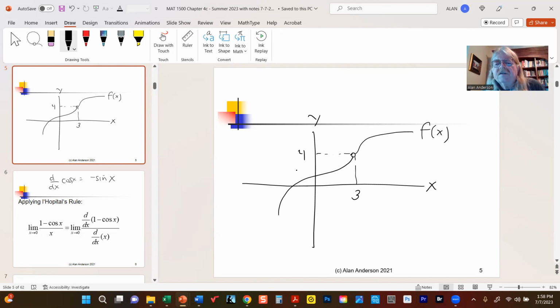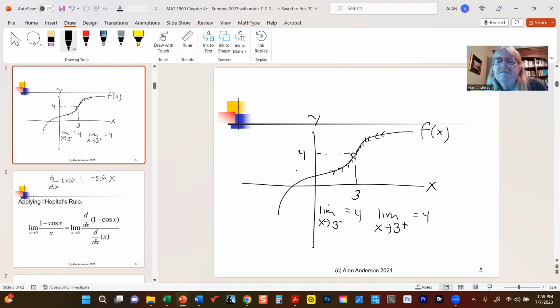So the limit of this function, though, as x approaches from the left, is actually equal to 4 because we never quite reach the 3 where the discontinuity exists. So it's coming from this direction, the limit is 4. But the same thing is true coming from the right. It's also equal to 4 because as we keep getting closer and closer, but never quite reaching the 3, the function gets very, very close to 4.